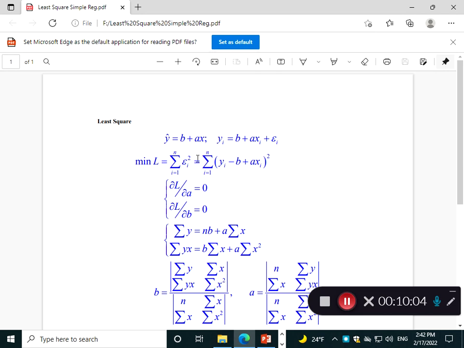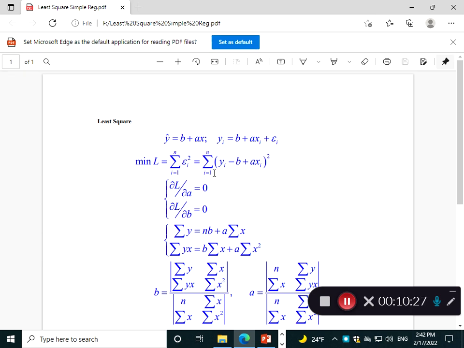Agree? So that will be the summation over every observation you have, y1 minus b. Oh, I have a mistake here. It should be minus the a term as well, both should be negative, right? Epsilon equals y minus b and a.